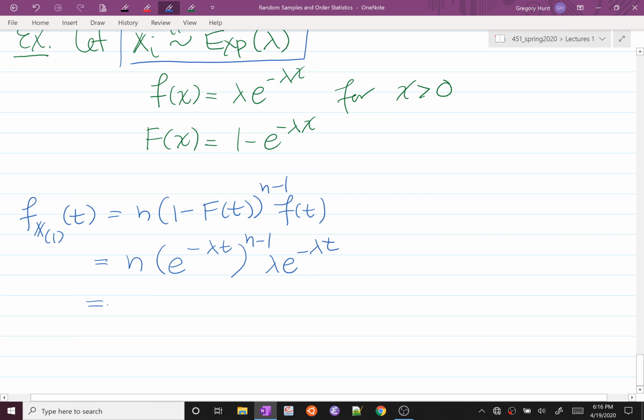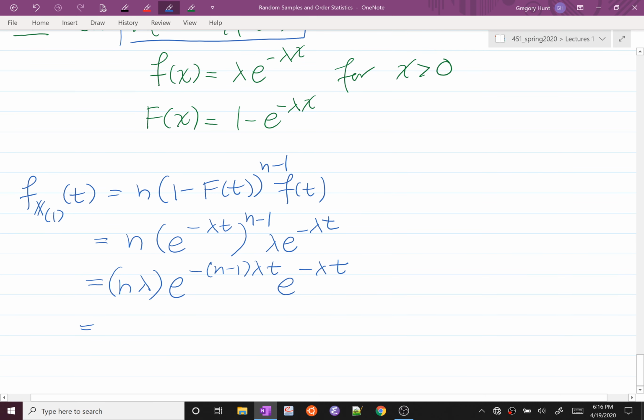So if I simplify things, I get n lambda e to the negative (n minus 1) lambda t times e to the negative lambda t. And I can simplify further. I get n lambda e to the negative n lambda t, adding those two together.